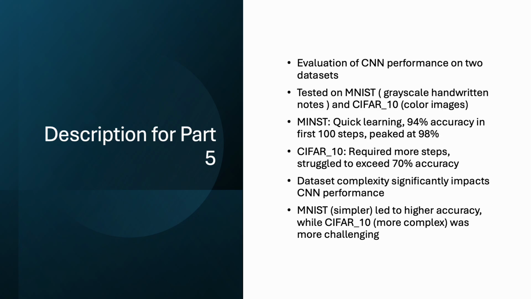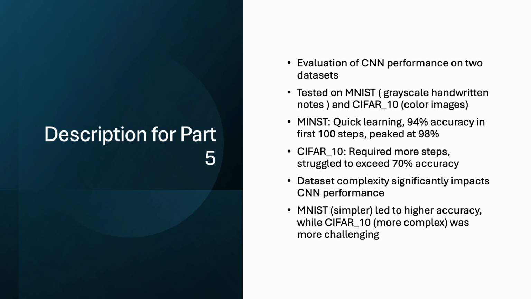The description for part 5. In part 5, I evaluated the CNN performance on 2 different datasets. One of them was the MNIST dataset, and the other was the CIFAR-10 dataset from the previous step. The MNIST dataset was simpler and consisted of grayscale handwritten digits, while CIFAR-10, as mentioned before, is way more complex and consists of color images.